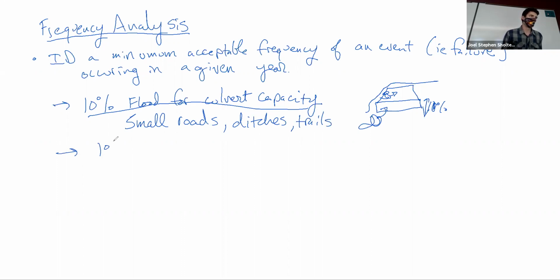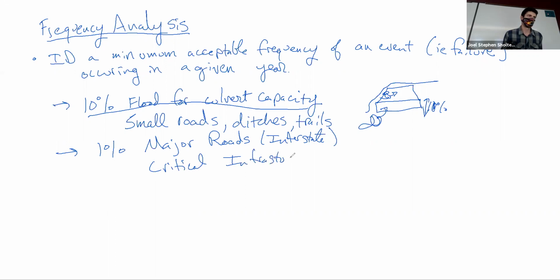Then we have our 1%, which is a common design frequency that we're going to use for major roads, like an interstate, or maybe critical infrastructure.